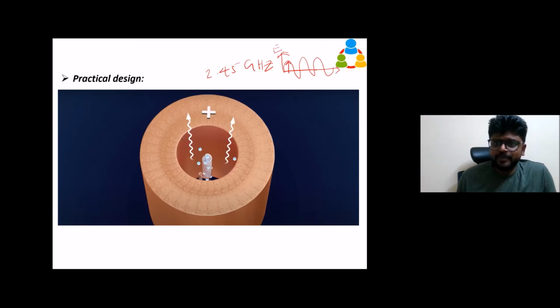If you increase the amplitude of the electromagnetic wave, that is our microwave, the frequency will remain the same and the wavelength will remain the same. Only the amplitude will increase, so our energy will increase. So we can produce high energy, high electric field electromagnetic waves that will interact with the dipole moment of our water molecule very efficiently. That's going to produce more heat.